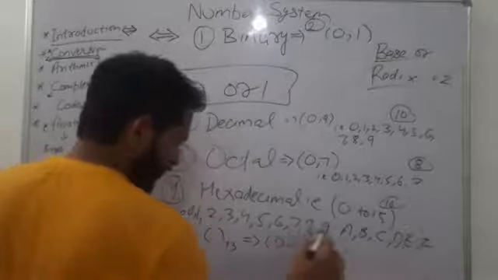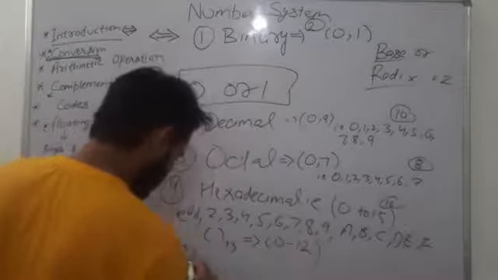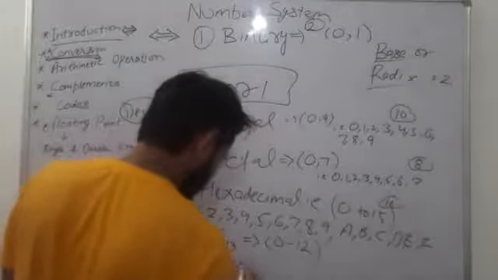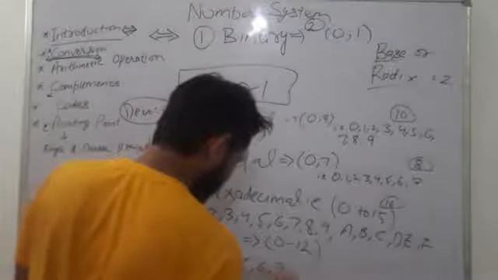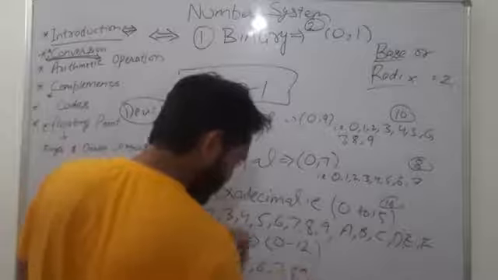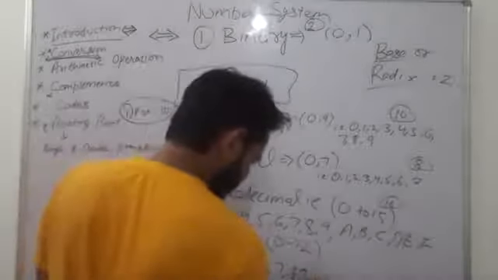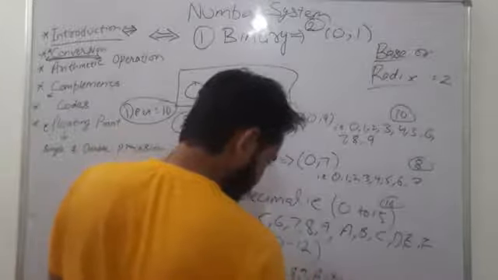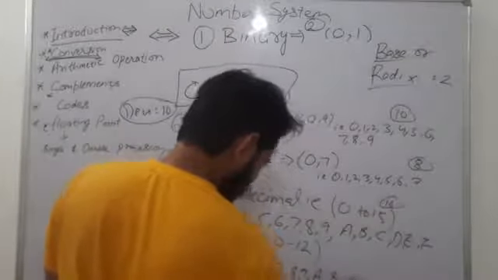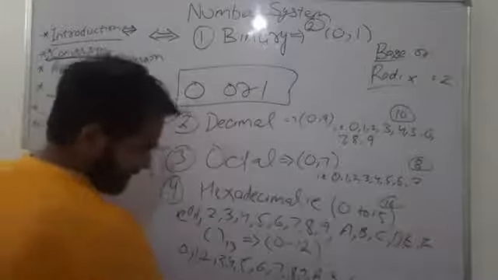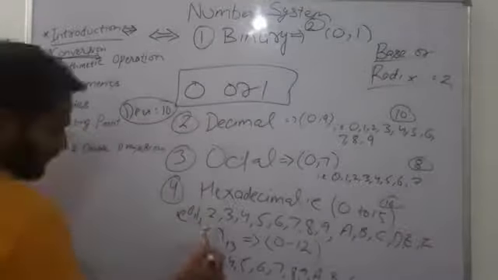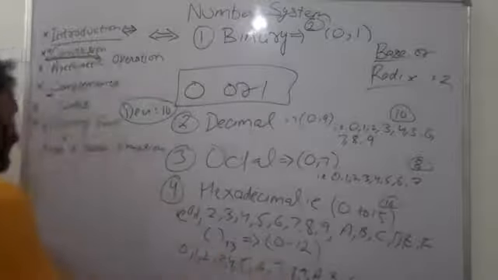That means 0 to 9: 0, 1, 2, 3, 4, 5, 6, 7, 8, 9. Then after that A, then B, and then C. So it is 10, it is 11, and it is 12. Likewise, we solve for any other base.